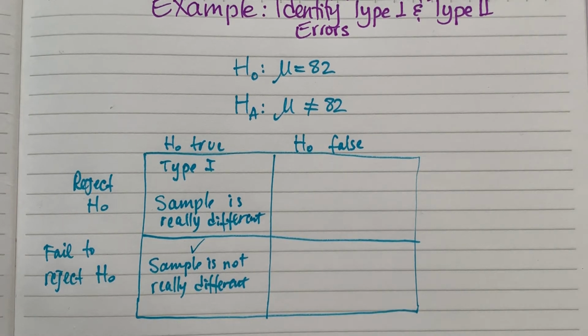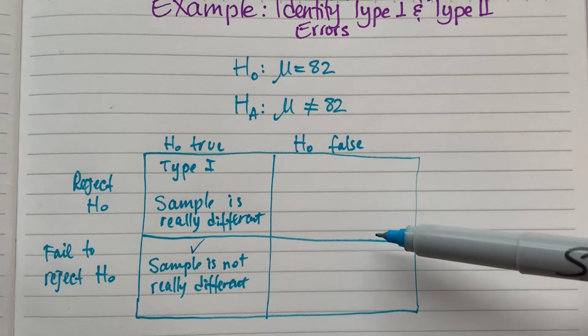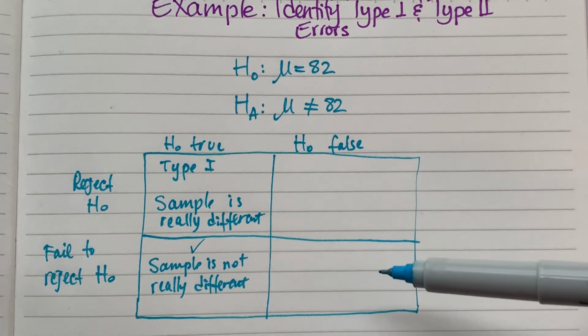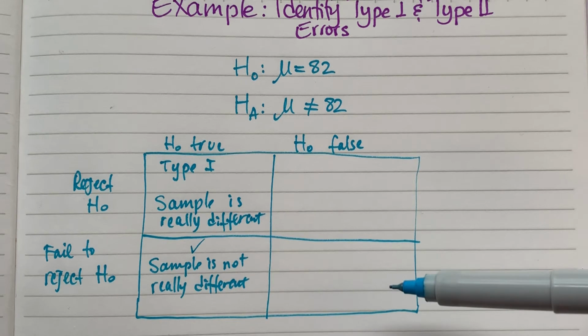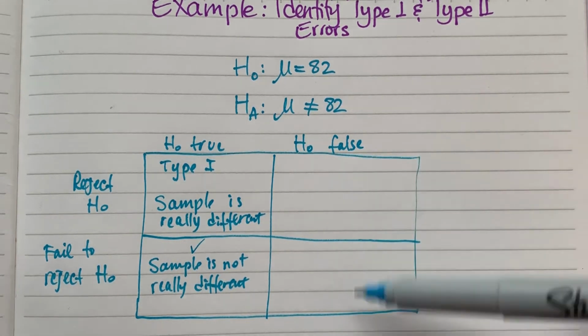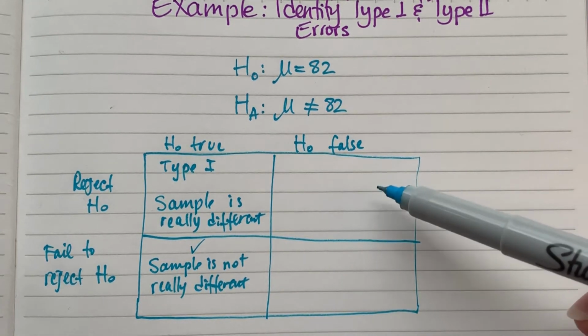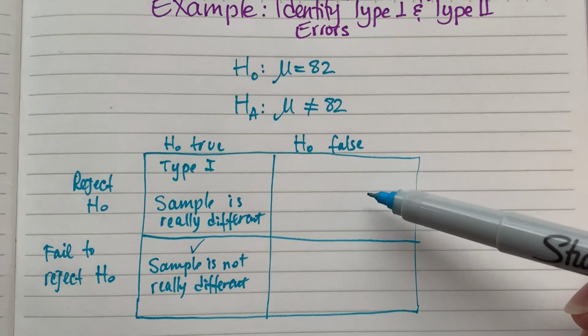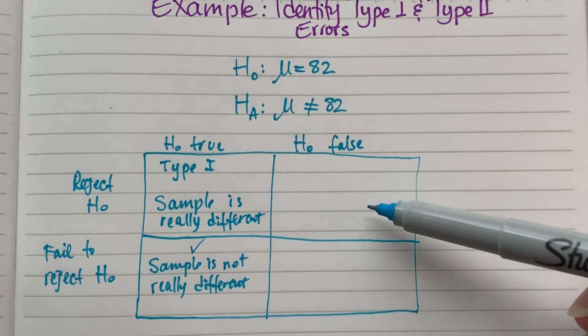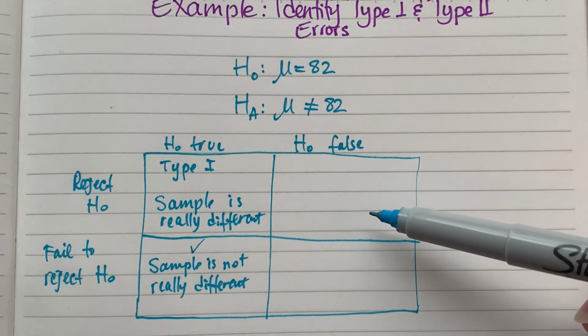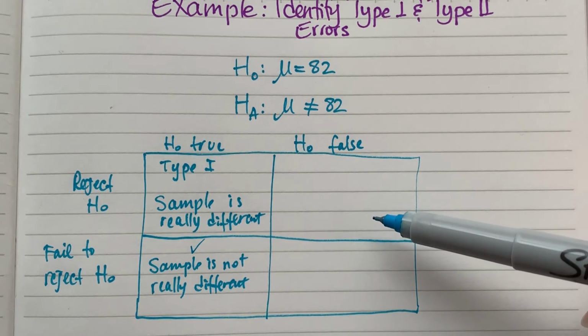Okay, now let's move over to the null being false. If the null hypothesis is really false, then it would be the correct decision to reject it. This would be the right thing to do. In other words, the mean pulse rate of the population is not really 82 beats per minute.